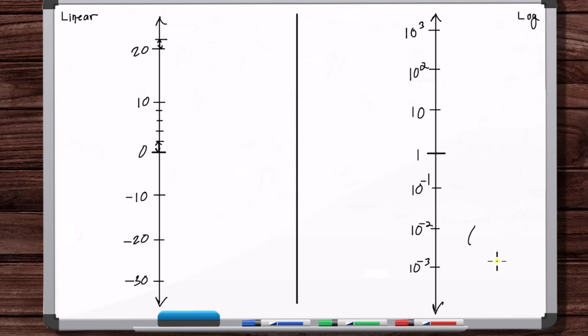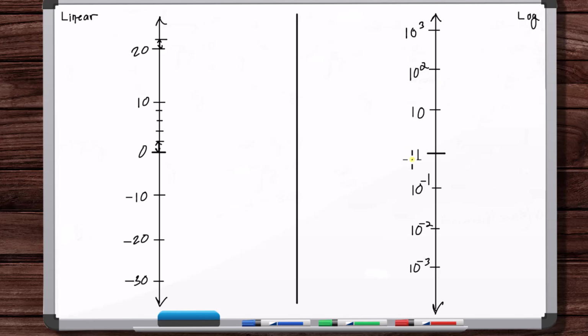And what you can notice, though, is that you can never get a negative number. On a logarithmic scale, there are no negative numbers. Now, there is a workaround where you could use a logarithmic scale with negative values, and I'll talk about that later. But in general, by the definition of a logarithmic scale, there are no negative numbers, and there's no zero either.